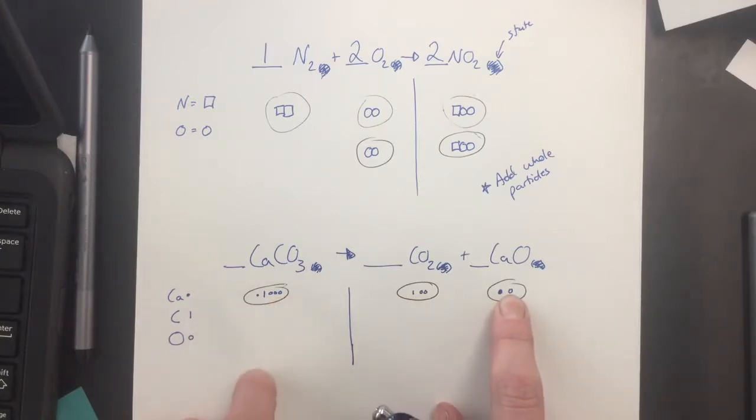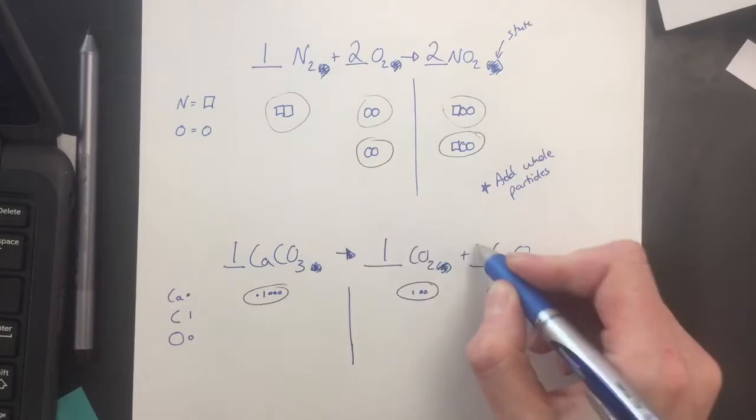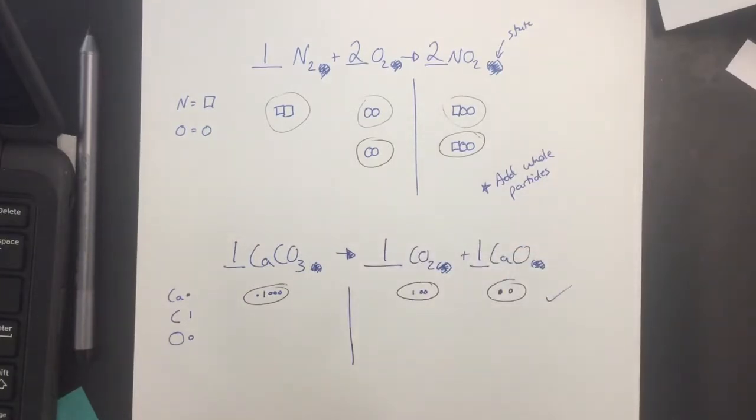Hot dog, this one's already balanced. I love it when that happens, but it's not a good example because I can't add any particles. So it's already balanced. I'm just going to write down that I needed one of those, and one of those, and one of those. That feels like cheating, but sometimes that happens. So it's already balanced the way it is. This one wouldn't actually need any coefficients, and that's okay.